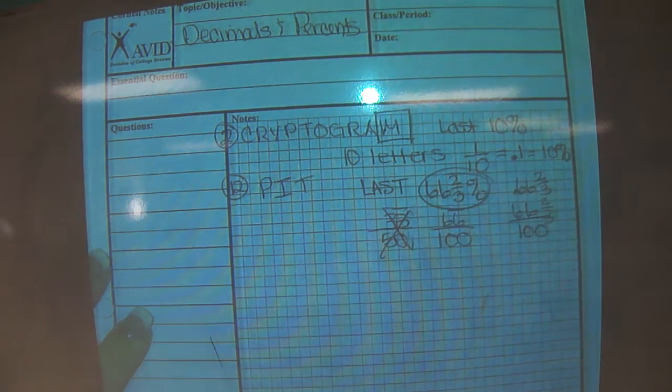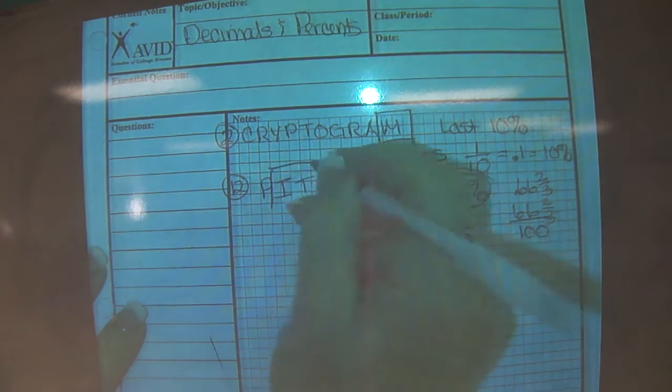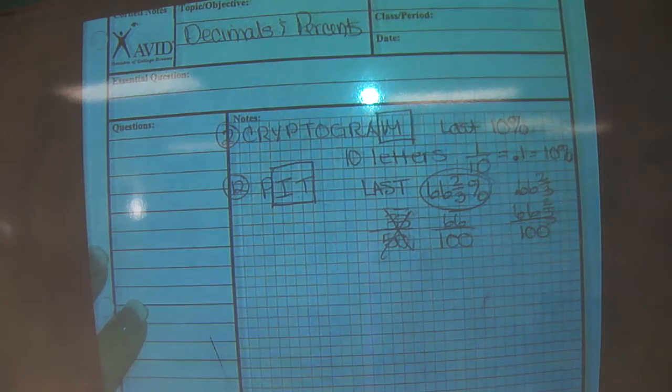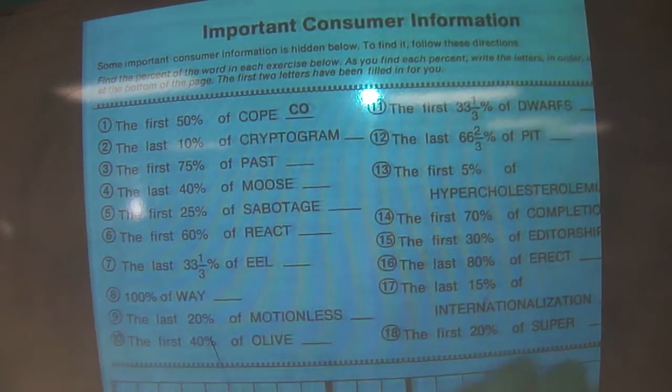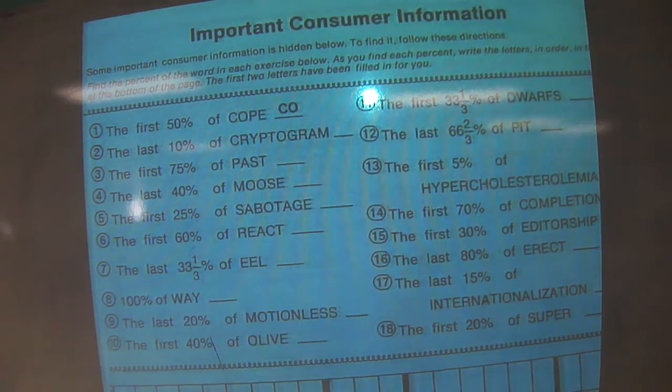Is it 1 letter, 2 letters, or 3 letters? 2. It's going to have to be 2, and it's the last 2. So you see how to do it? Awesome. I get it. Kind of.